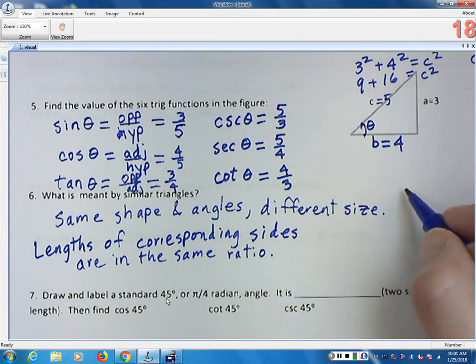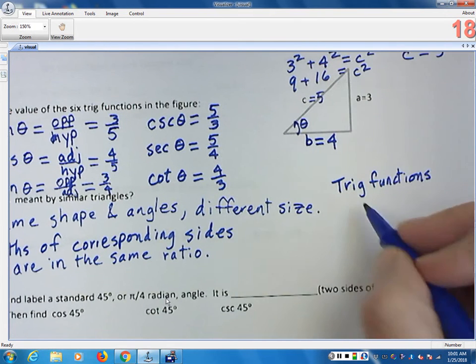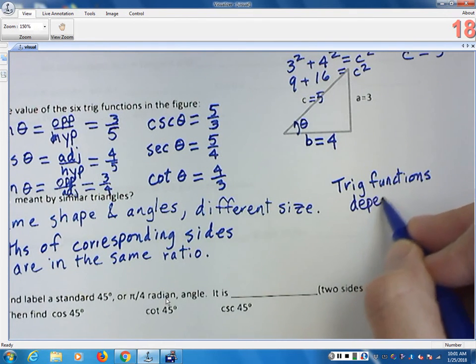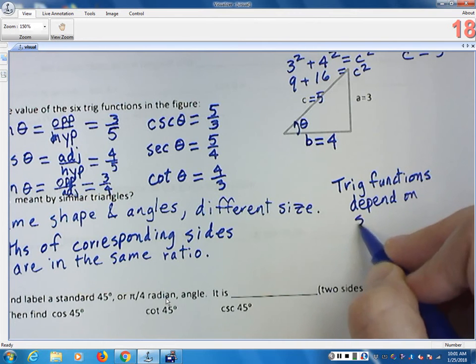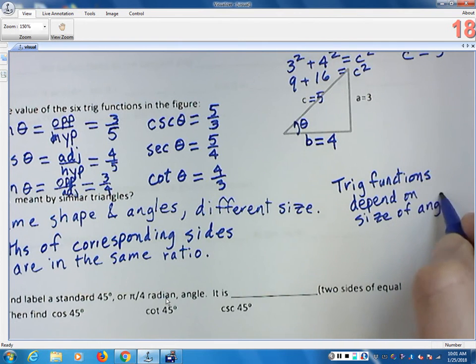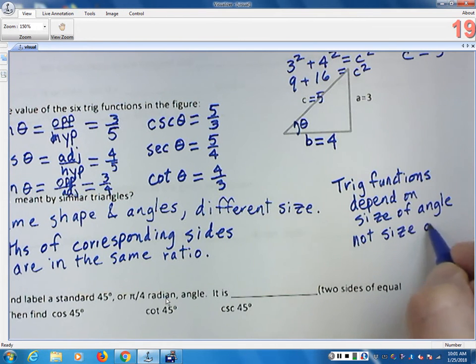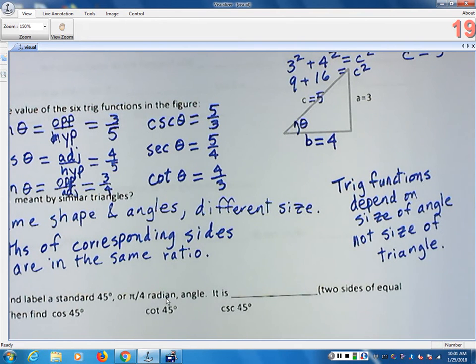The trig functions will be the same because trig functions depend on the size of the angle, not the size of the triangle. So similar triangles will have the same values for the 6 trig functions.